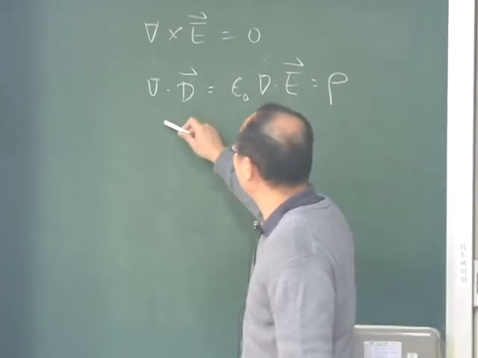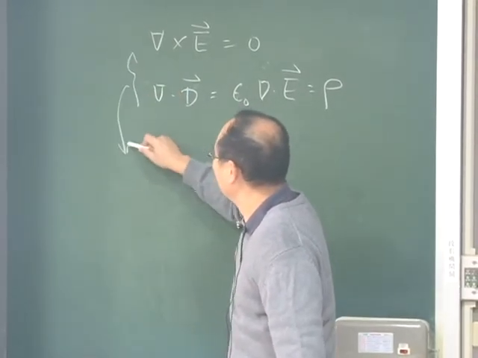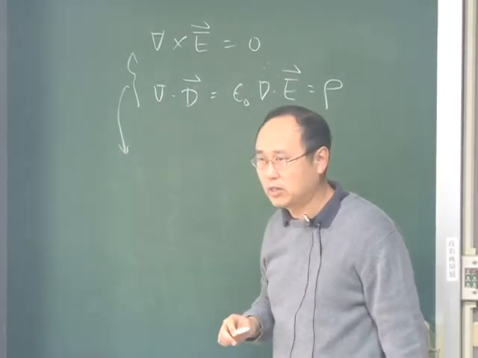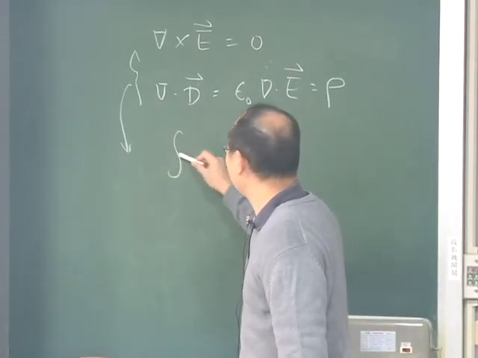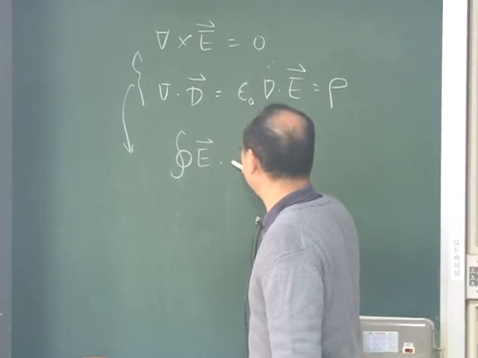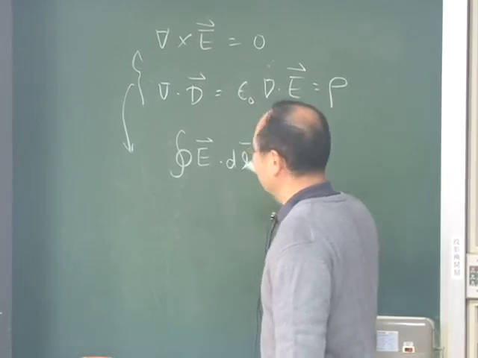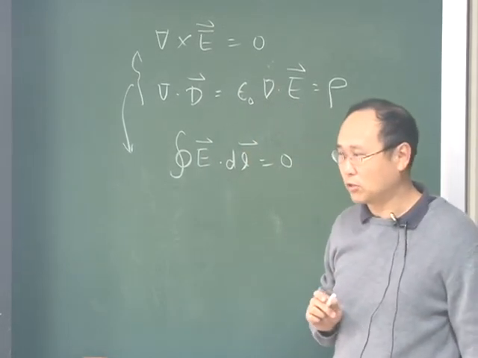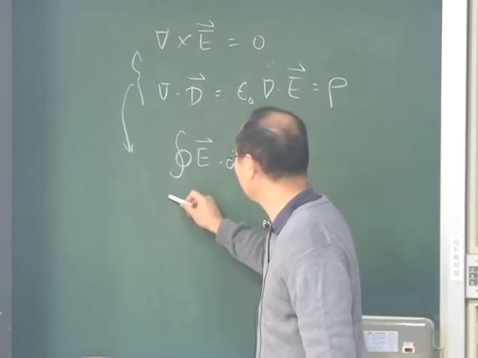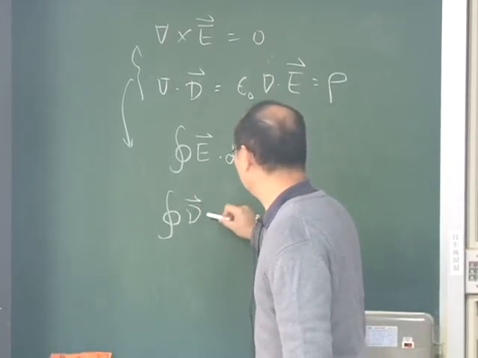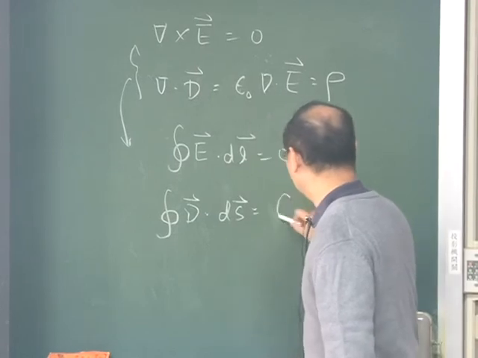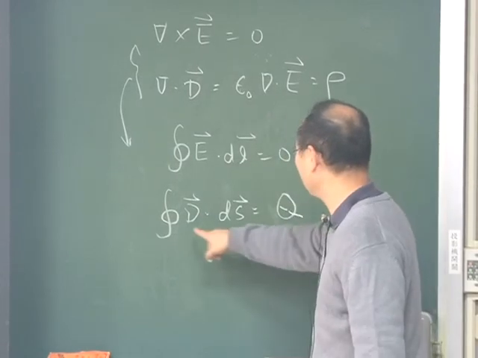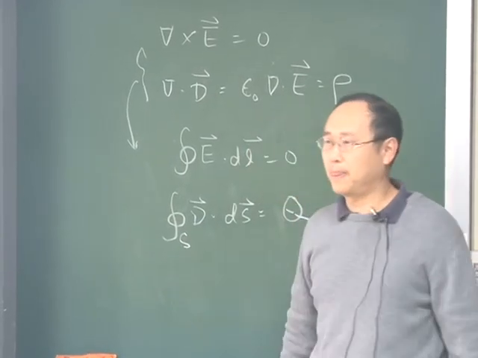Okay, and from these two expressions, you can also derive the two integral forms. That is, the closed-path integration of E has to be equal to 0, so this is a conservative force. Okay, for this one, you have D dot dS equal to the total charge enclosed by the surface.